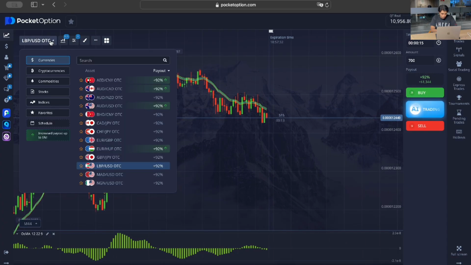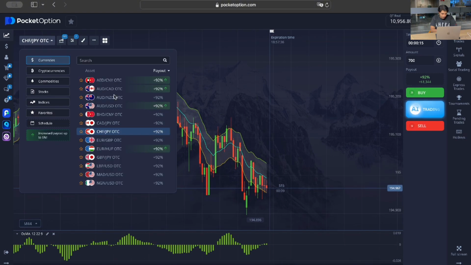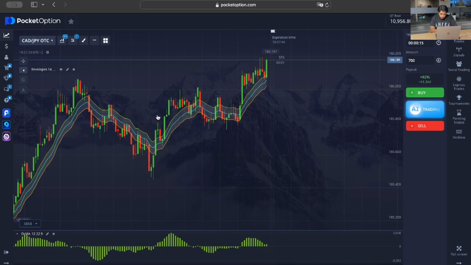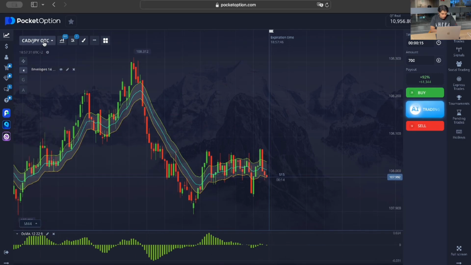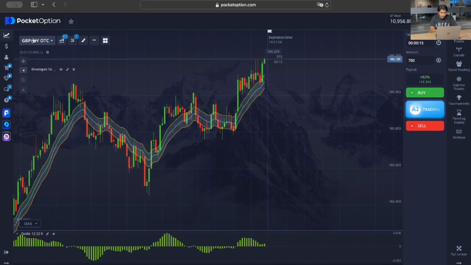So one more trade we will make. Getting the details and knowing the small things, like how you're checking the market, is also very important, because blindly you cannot trade with all the strategies.